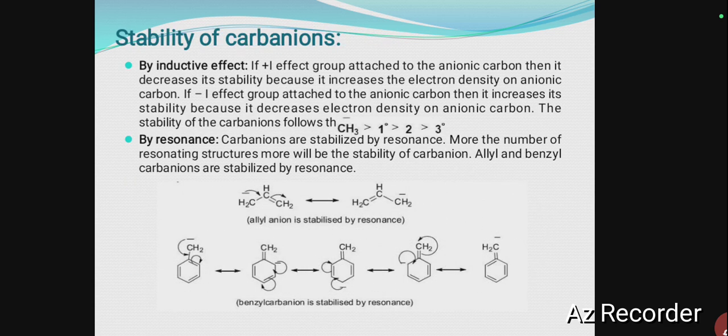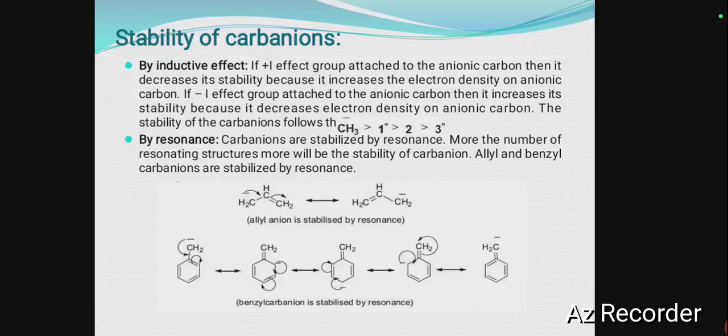Next, coming to the next topic, stability of the carbanions. How are these carbanions stabilized? First one is by inductive effect. If a positive inductive effect group is attached to the anionic carbon, then it decreases the stability.